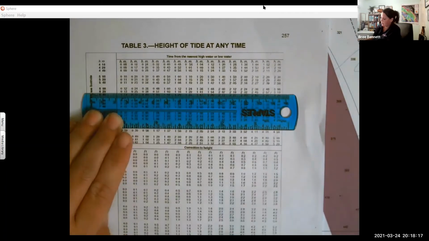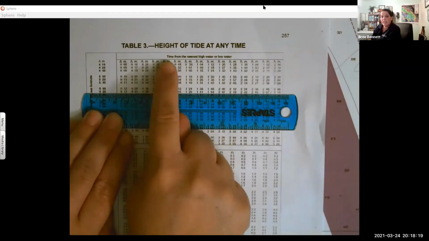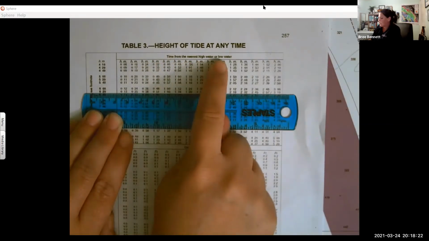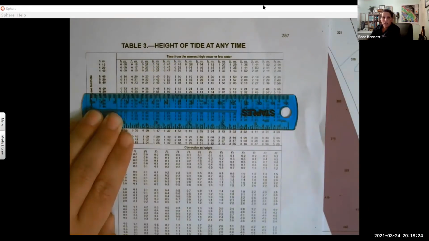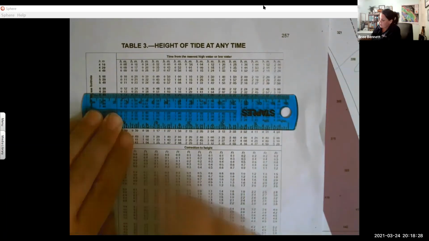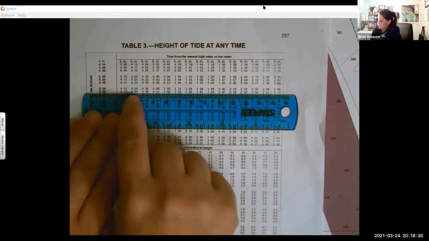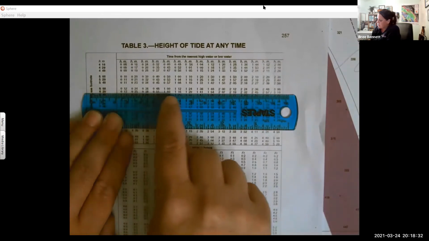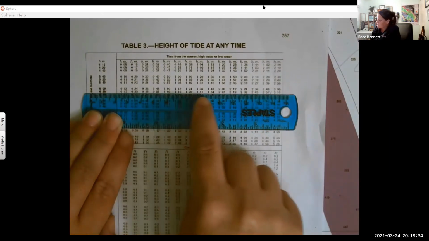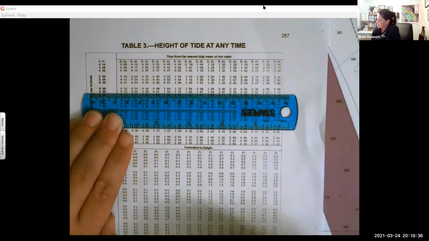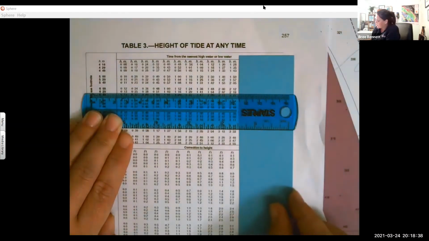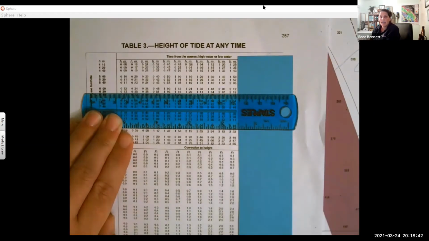Now, we're going to find time to the nearest tide. That number is going to be 2 hours and 19 minutes. So we're going to go along looking for 2 hours and 19 minutes or something close to it. We have an exact 2 hours and 19 minutes.